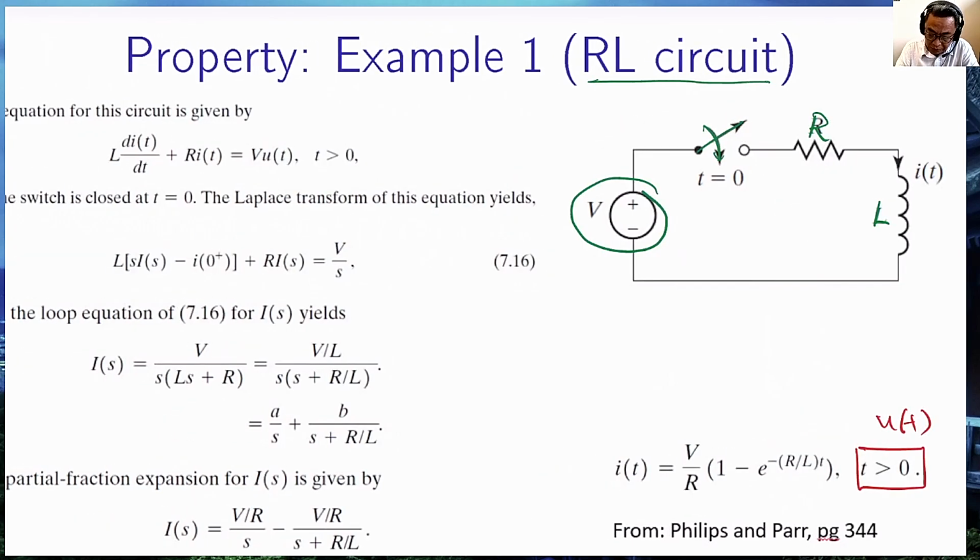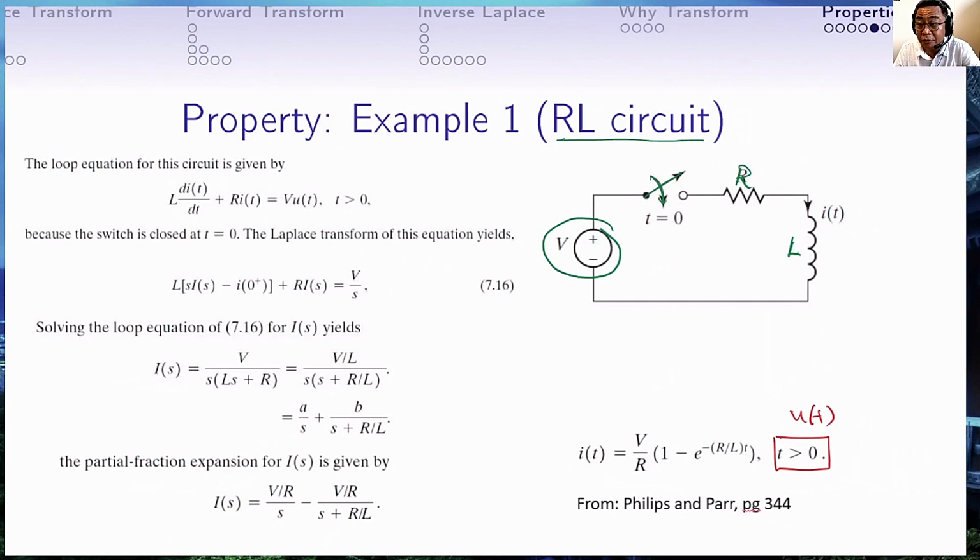Okay, now, so why is this a differential equation? The voltage drop across the inductor VL is L di dt. So immediately you can see a differential equation coming out.